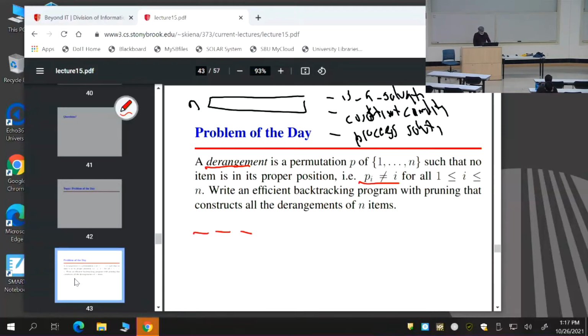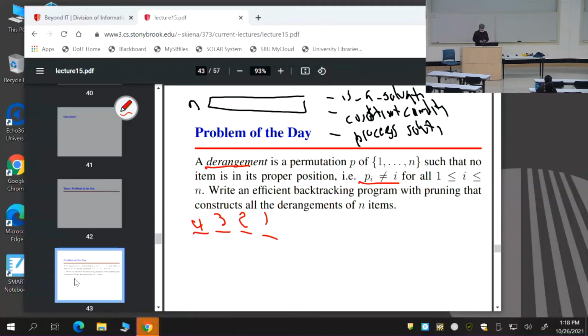Can anyone give me a derangement on 4 items, just to make sure we understand it? A derangement from the items 1 to 4. Yeah? 4, 3, 2, 1. 4, 3, 2, 1 is a derangement because every element is not in its right spot. Okay? So let's go now.